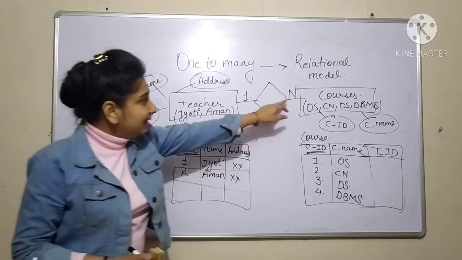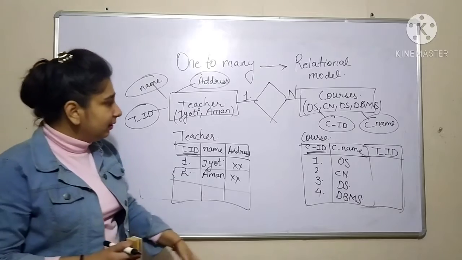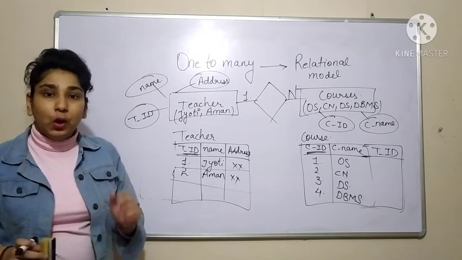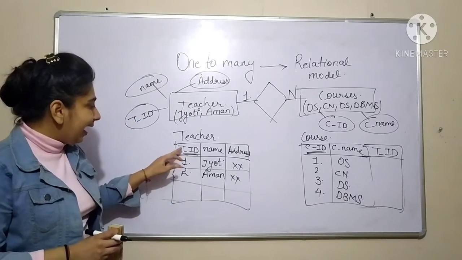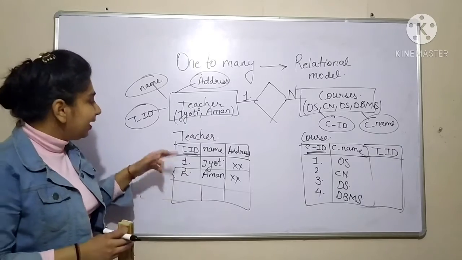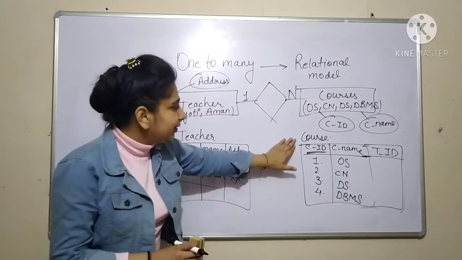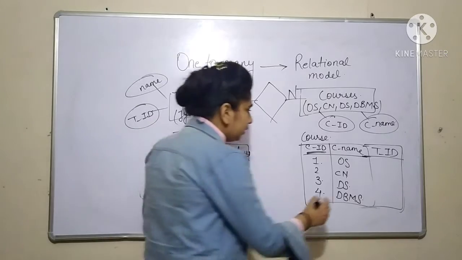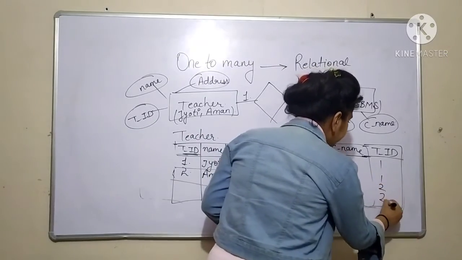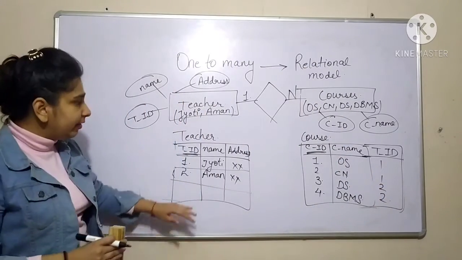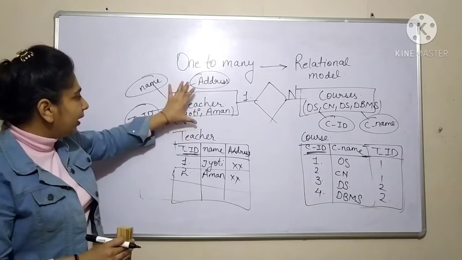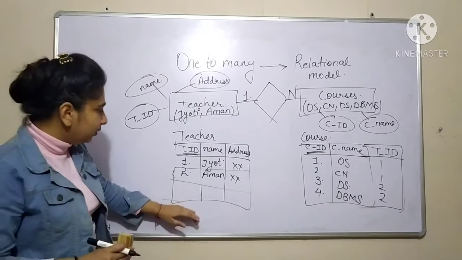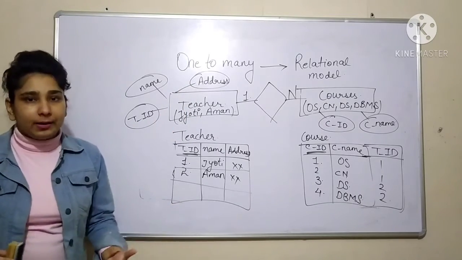So on the nth side you will be using the common attribute. So the teacher ID, we will be using it as a common attribute in the course table. So 1, 1 and 2, 2. This way we will be converting our one-to-many relationship into the relational model.